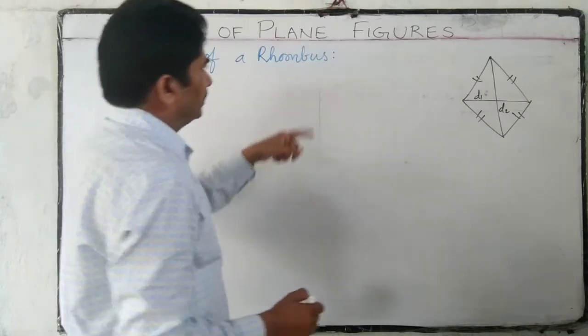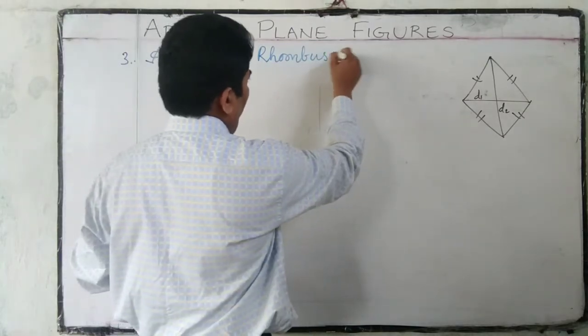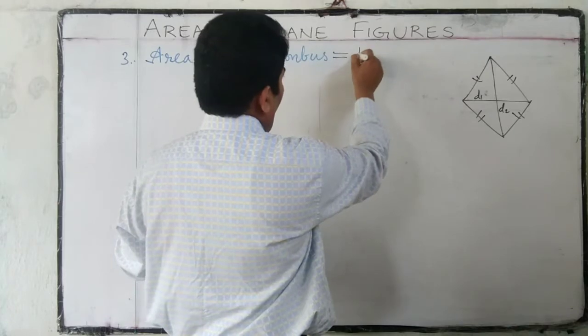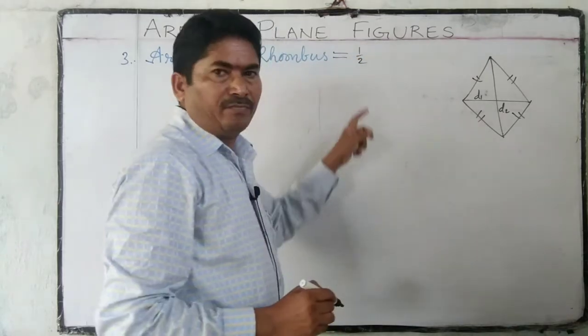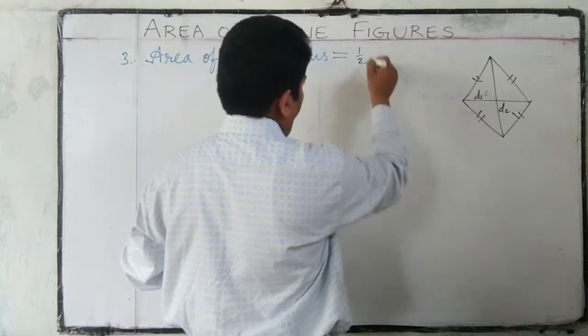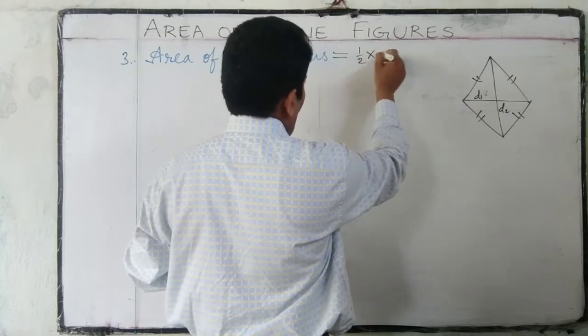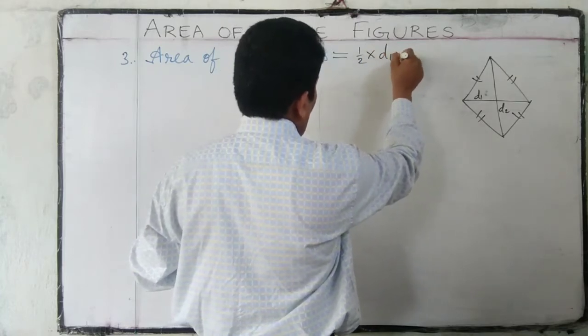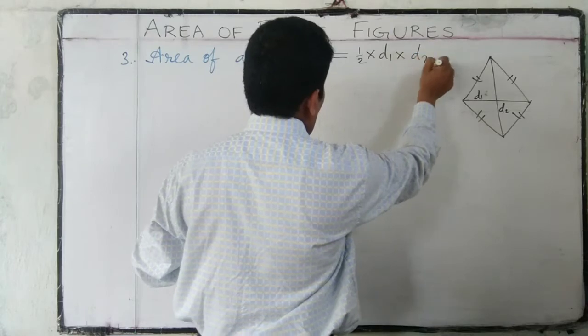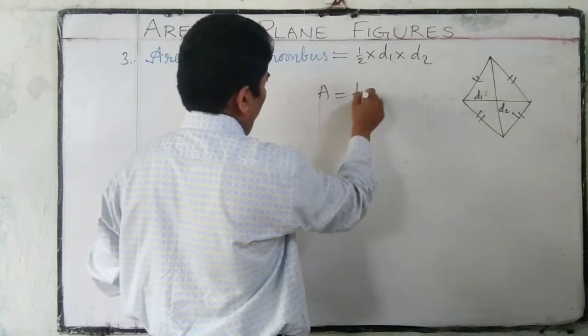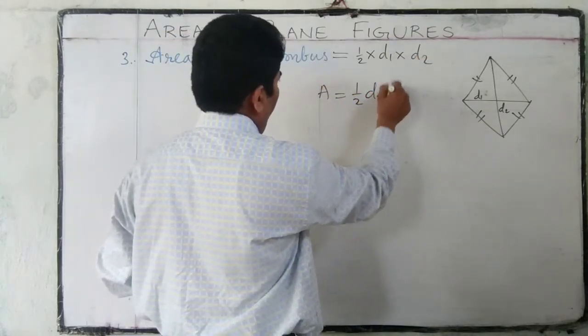Area of rhombus is equal to half of product of their diagonals D1 into D2, that is, area is equal to half D1 D2 in short.